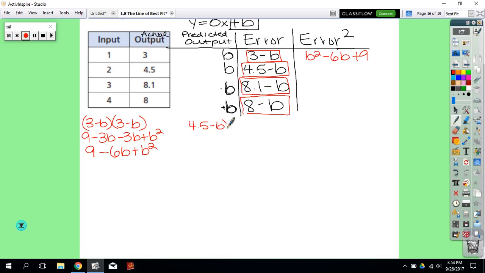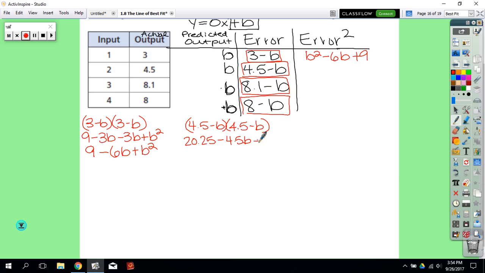4.5 minus b, 4.5 minus b. 4.5 times 4.5 is 20.25. 4.5 times negative b is negative 4.5b. Now distribute the negative b.